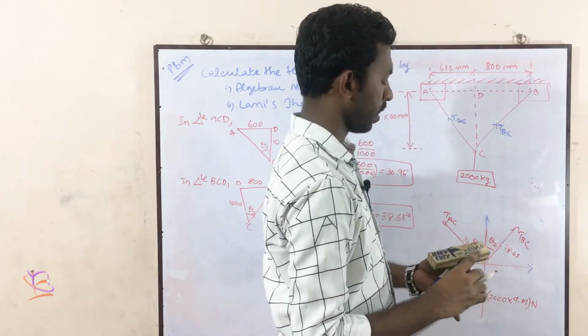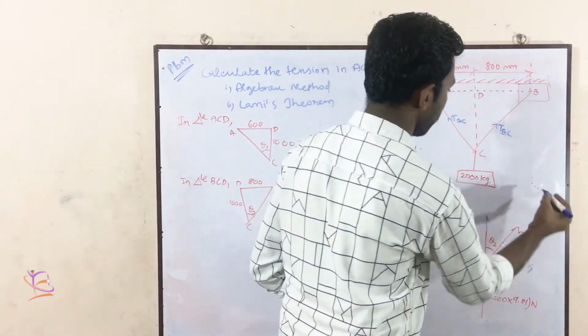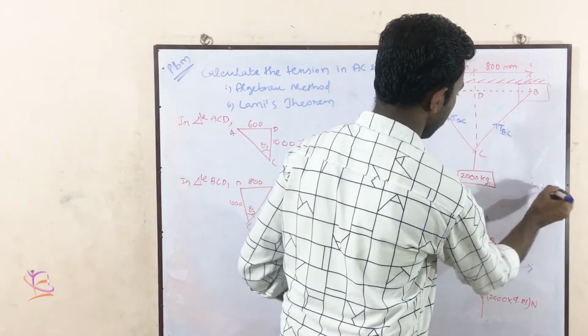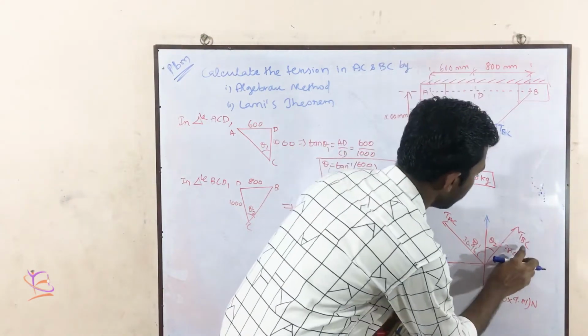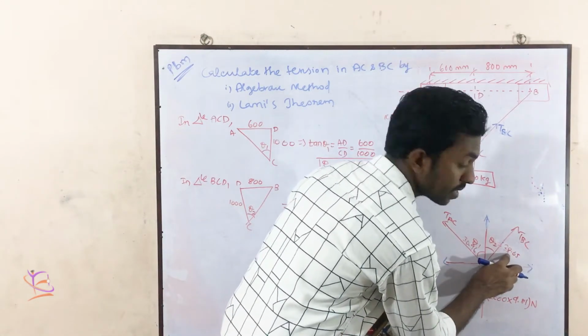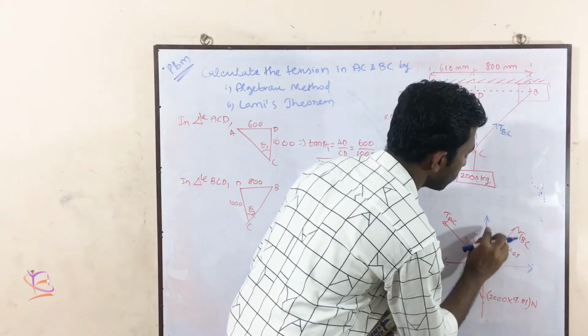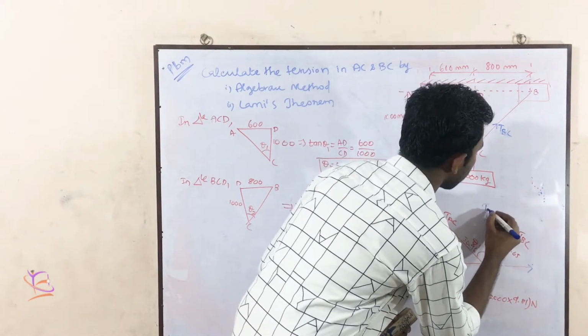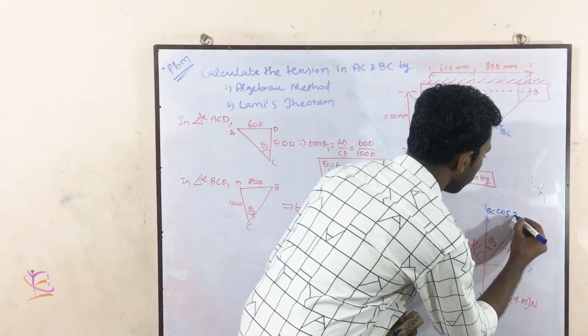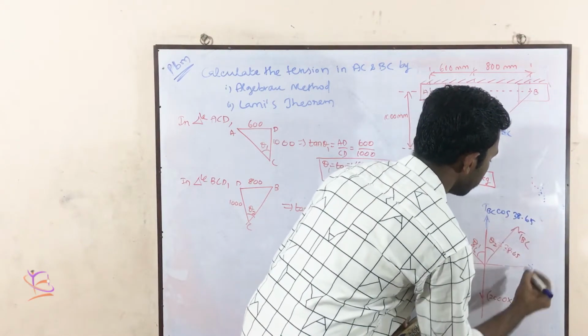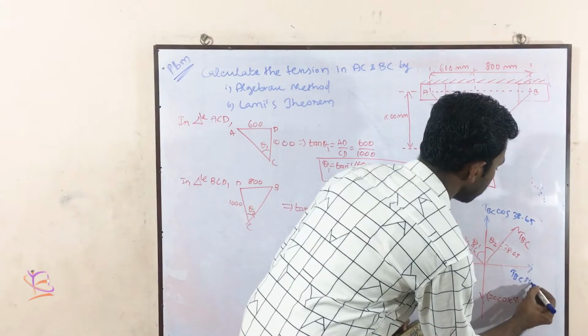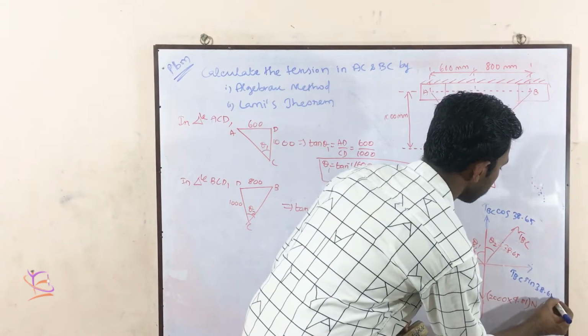Now you can make the horizontal and vertical components of TBC. TBC at theta 2, 38.65, so the vertical component is TBC into cos 38.65, and the horizontal is TBC into sin 38.65.